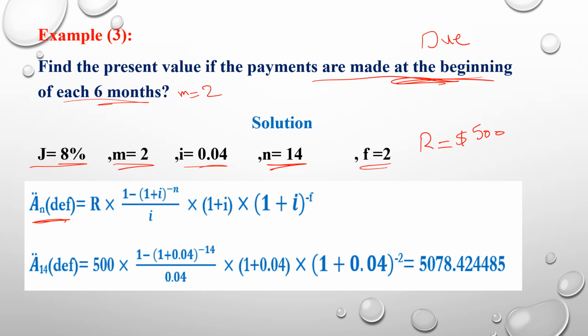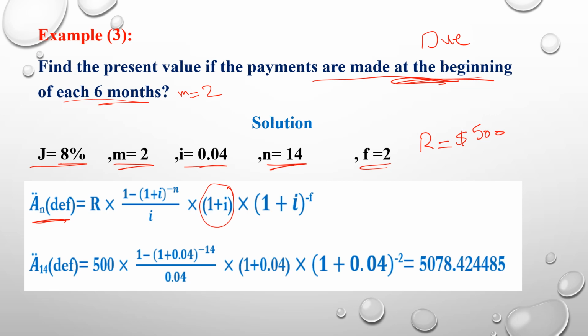A_n deferred equals R times (1 minus (1 plus i) to the power of minus n) over i, times (1 plus i). So we added here (1 plus i), to multiply this value by (1 plus i) to the power of minus f.